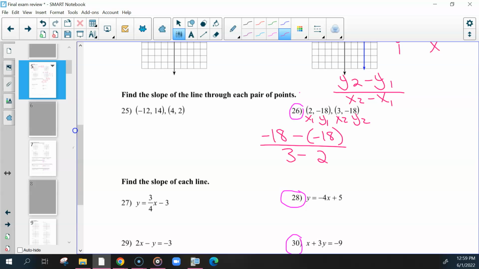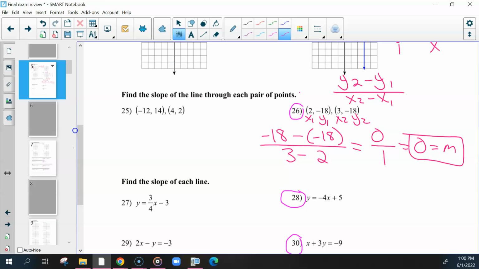And x1 is 2. So for subtracting our numerator and our denominator, the negative 18 minus a negative would become negative 18 plus 18. And those would cancel each other out, leaving 0. 3 minus 2 would give us 1. And if I simplify this would just be 0. So our slope here is 0.